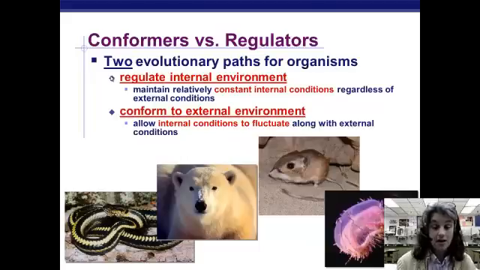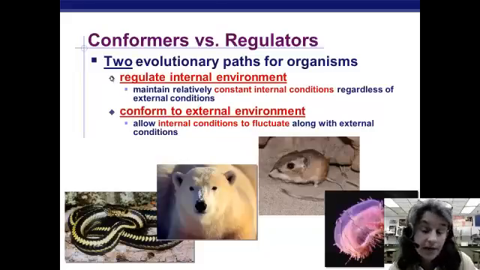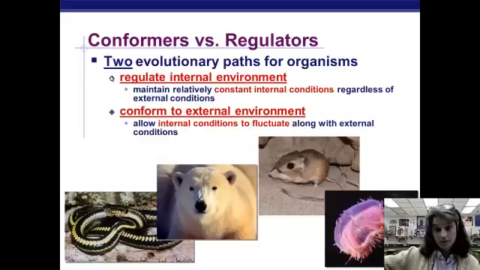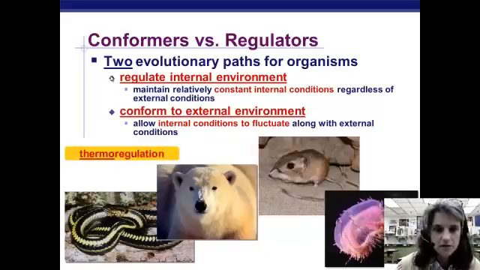So they're just going to allow their internal conditions to fluctuate with the external conditions. Think of an ectothermic animal. It lets its body temperature fluctuate with the external environment, at least to a certain degree.